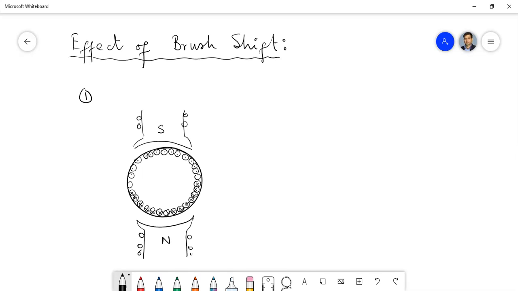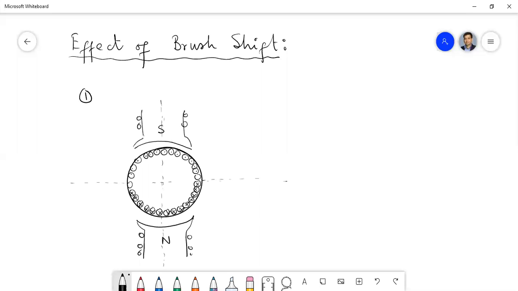Now, if due to this armature current I have to shift the brush, then what will happen? Suppose initially this is my one axis, another axis is this. Can you tell me the name of this axis?